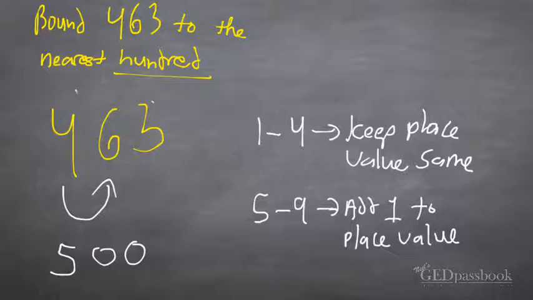Remember, go to whatever it is they're telling us to round to, look to the right, ask yourself your 2 rules, and then change accordingly. Those are 2 things that I suggest you master in order to make your life easier with this upcoming couple of weeks. Let's do one more.